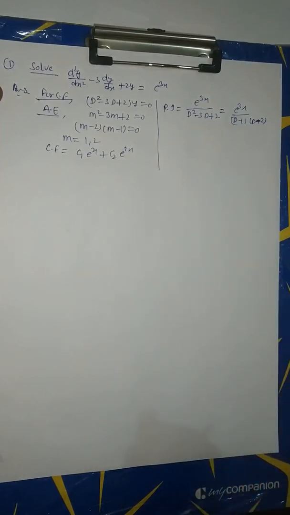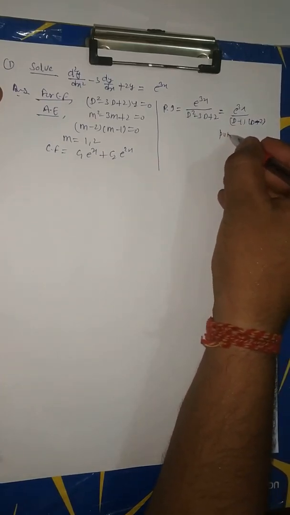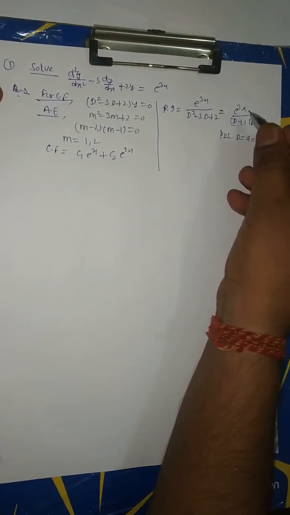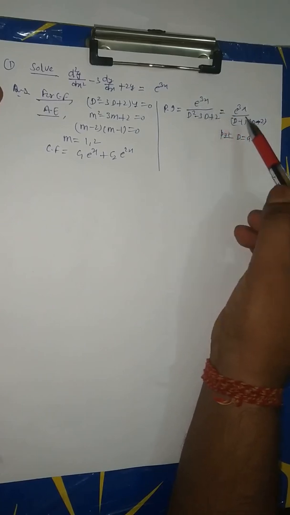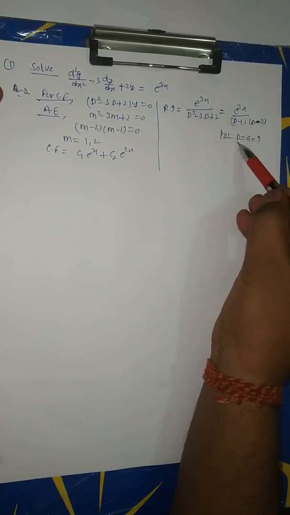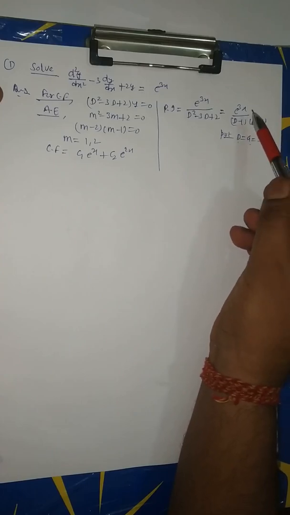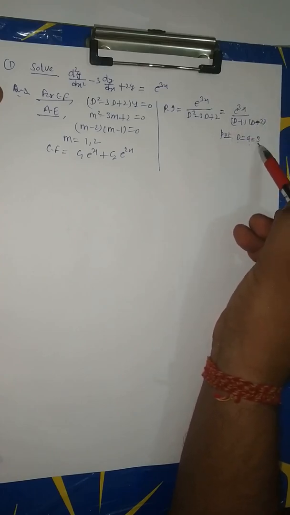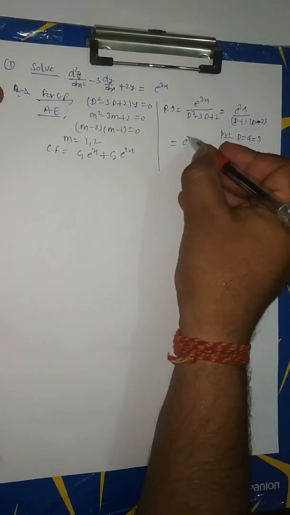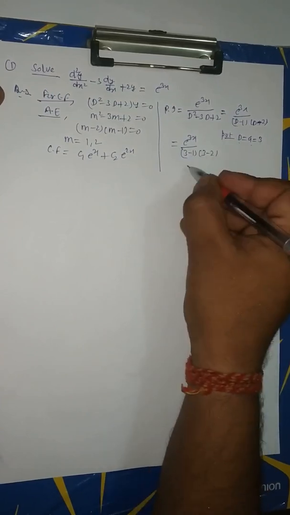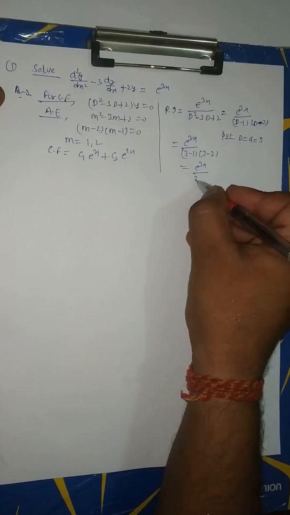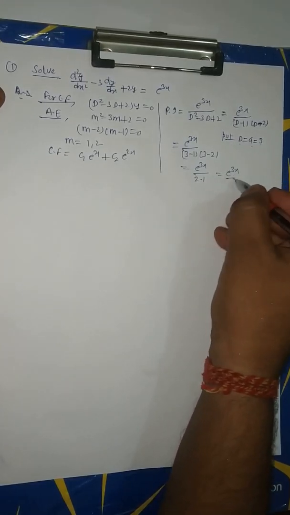Now the method of e to the power ax: put D equal to a, where a is the coefficient of x, that is 3. Now e to the power 3x upon (3 minus 1)(3 minus 2). E to the power 3x upon 2 into 1, this is equal to e to the power 3x upon 2.